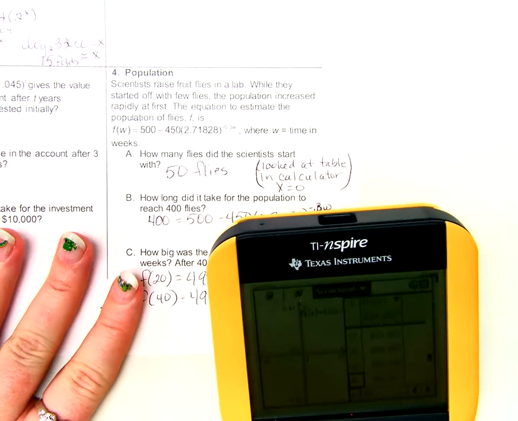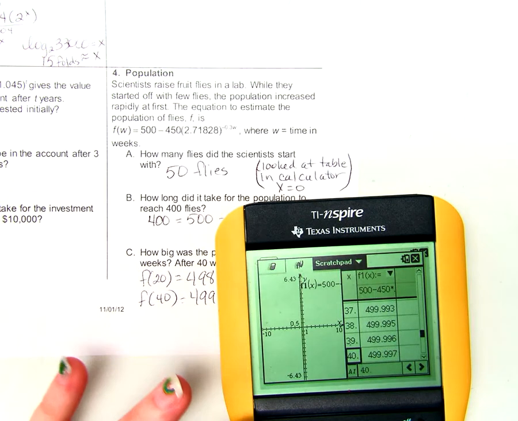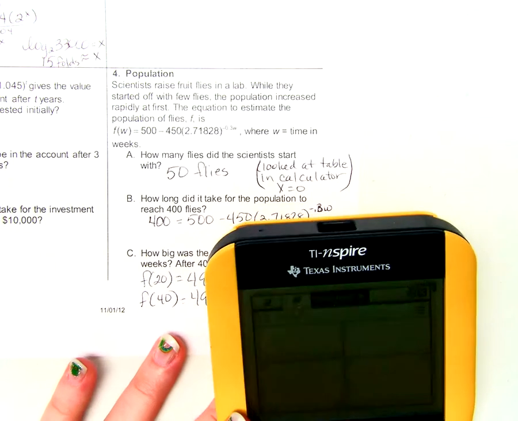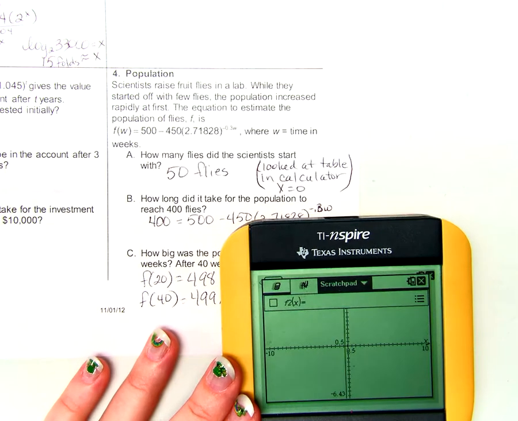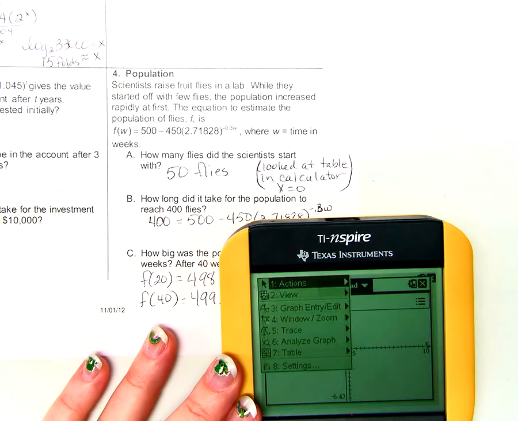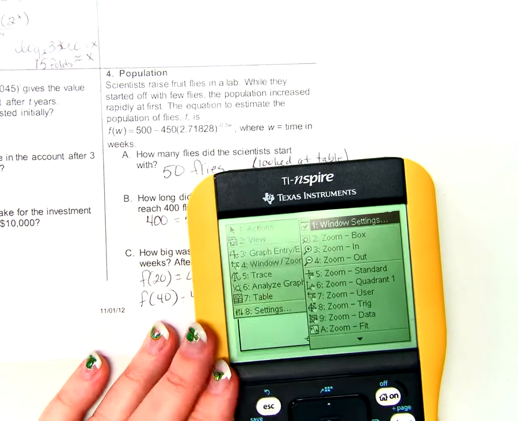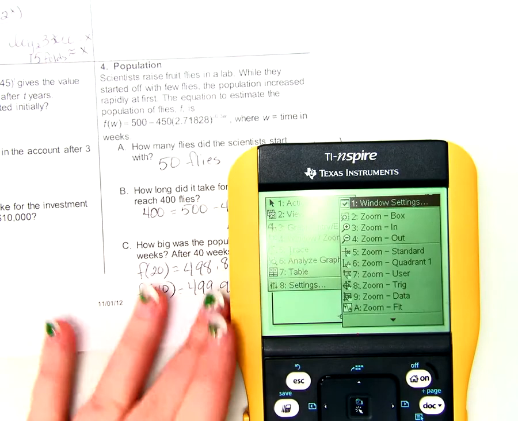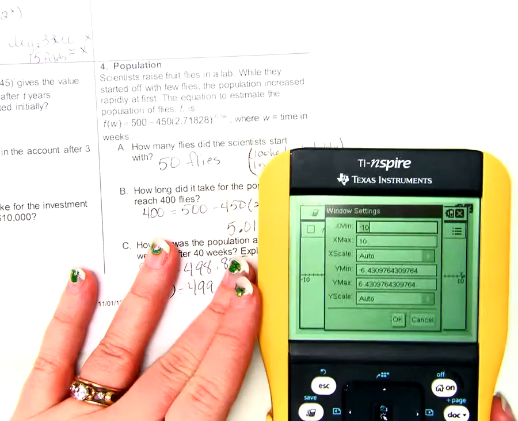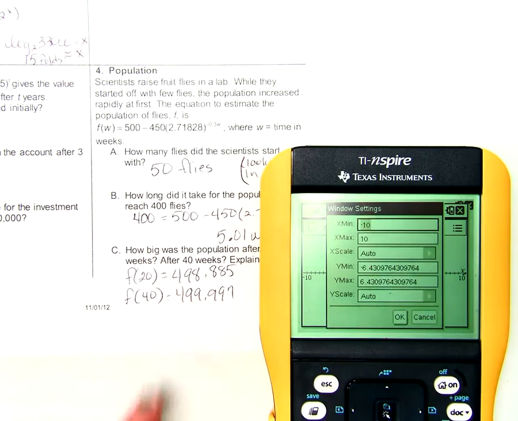Well, we can't really see the graph very well. What if I changed my window? Okay, let's change my window. Trying to get it where you can see it. Change my window settings. My y values are like 500 and stuff.